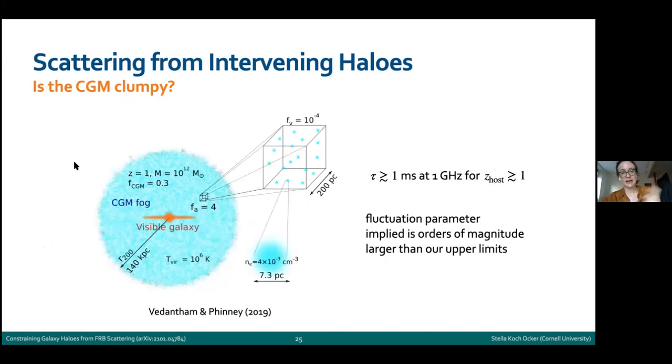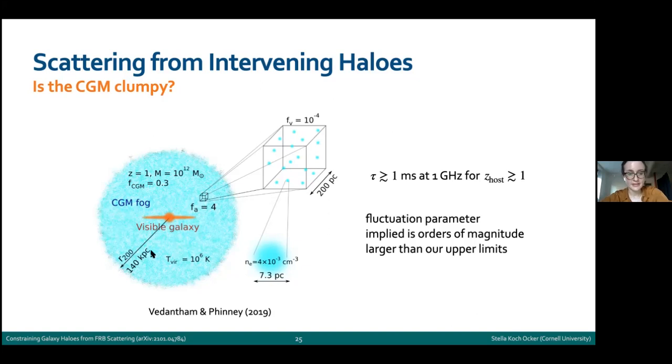So there is increasing evidence from quasar absorption studies that the circumgalactic medium is not just the hot ionized medium, but in fact also contains cooler 10 to the 4 Kelvin gas that has a very low volume filling factor, but extends out as far as the virial radius of the halo.